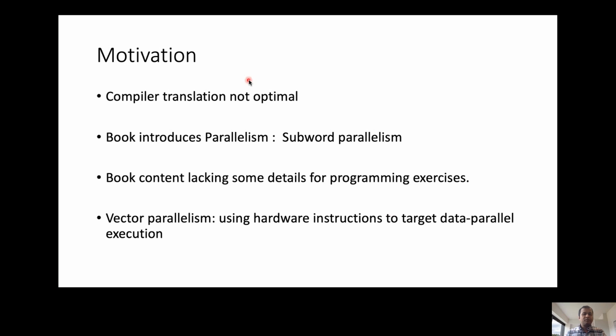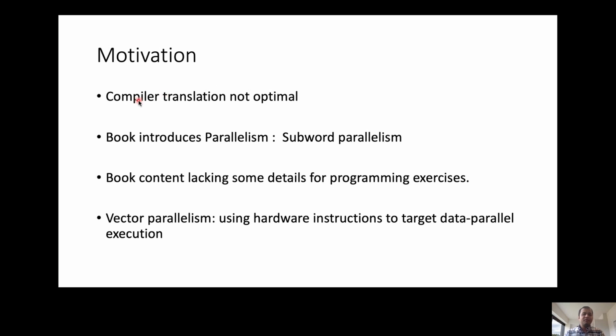Now, what is the motivation for this lecture? The motivation is that learning about single instruction multiple data, or vectorization, will lead to writing code that has higher performance than what you get without using this feature. So using vectorization, generally our goal is to get high performance code.